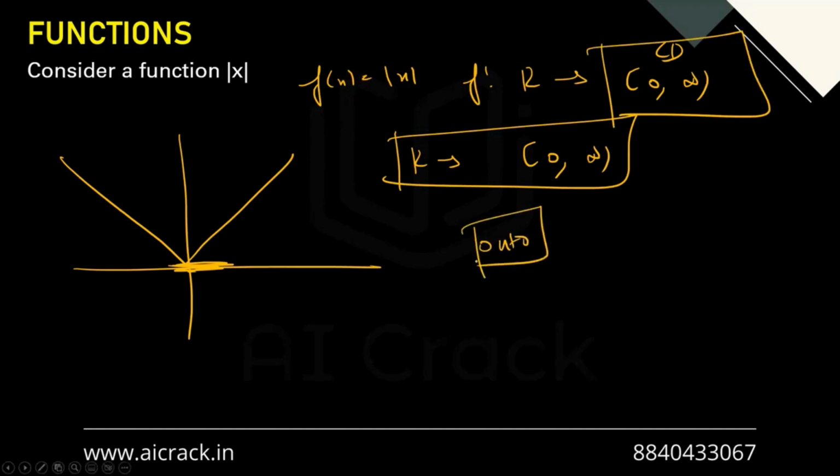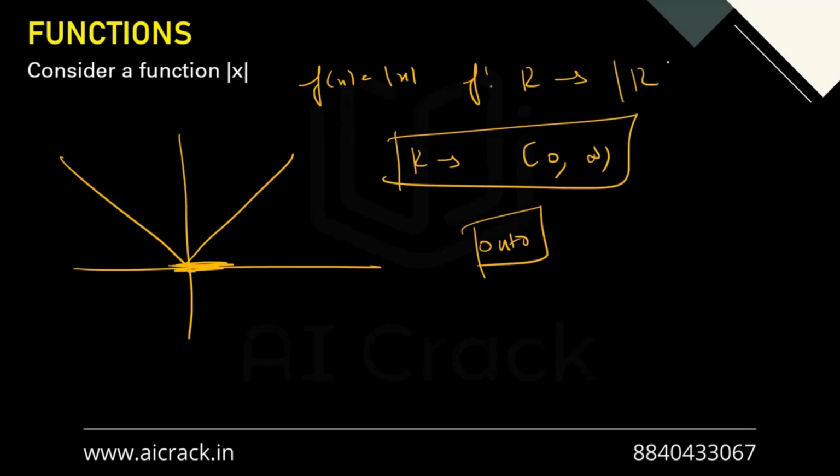But you can see that it totally depends on the definition of codomain. In case the codomain was defined as R, that is, the function was defined from R to R, where R is the codomain, then the function would become into. So it totally depends on the definition of the function and the codomain, based on which we can choose if the function is onto or into, right?